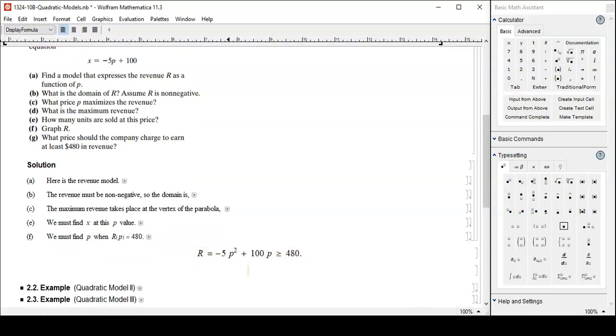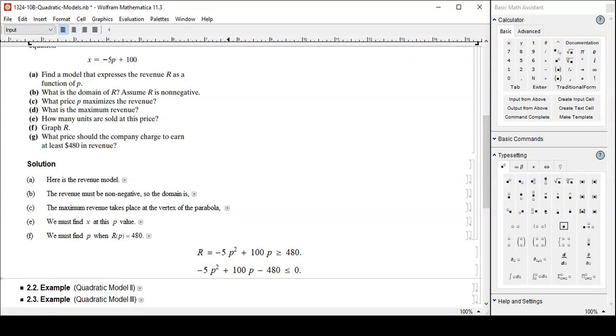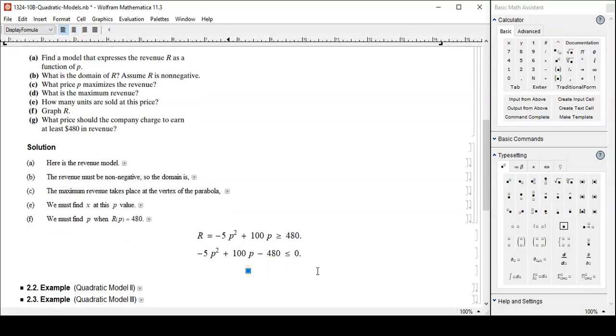Flip everything to the left-hand side. Negative 5p squared plus 100p minus 480 is less than or equal to 0. And negative 5 makes it unnecessarily complicated. So multiplying by negative, we get 5p squared minus 100p plus 480 is greater than or equal to 0.